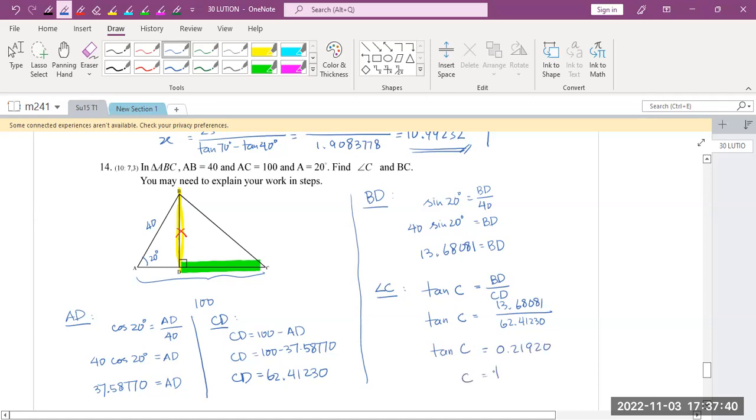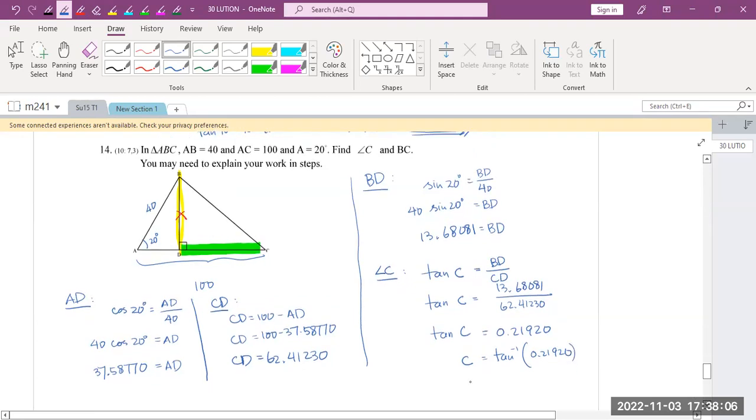So C equals the tangent inverse of that number. Actually, you don't need to get that decimal; you can just use tangent inverse of 13.68081 and so on. This is tangent inverse of 0.21920. I get C to be 12.36372 degrees.